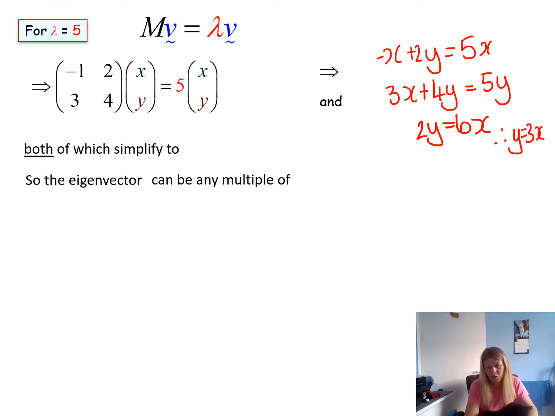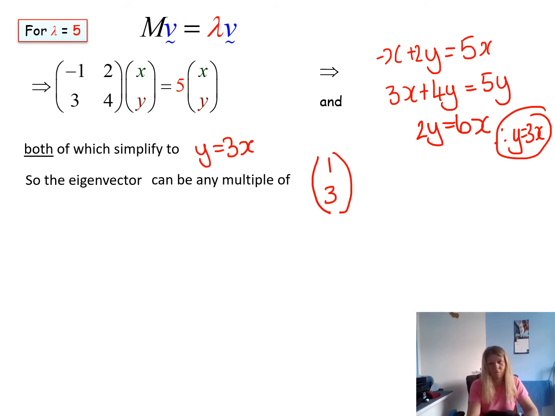And on the second one, do we get the same? Yeah, we get y equals 3x, don't you? So both can simplify to y equals 3x. So the eigenvector can be any multiple of values. So when x is 1, y is 3. So any multiple of (1, 3).